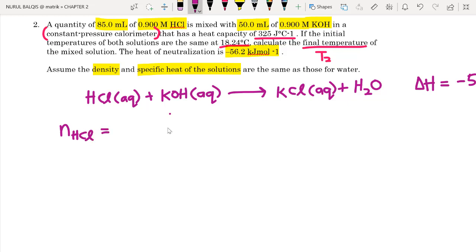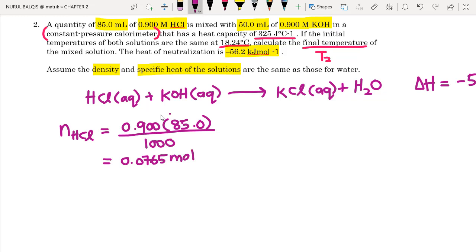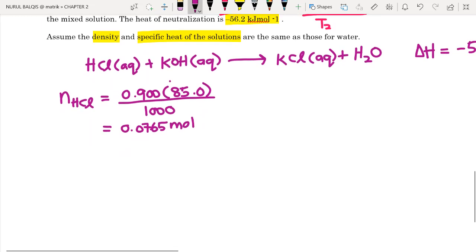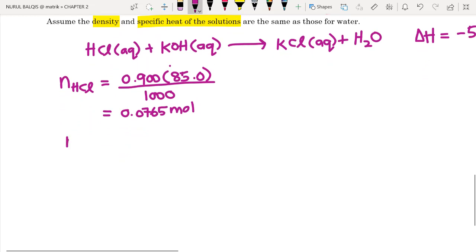For the number of moles of HCl, we have our molarity of 0.900 times the volume of 85.0 divided by 1000. You'll get the number of moles of HCl as 0.0765 mole. This is the amount being provided in this reaction. Then we calculate the number of moles for potassium hydroxide.